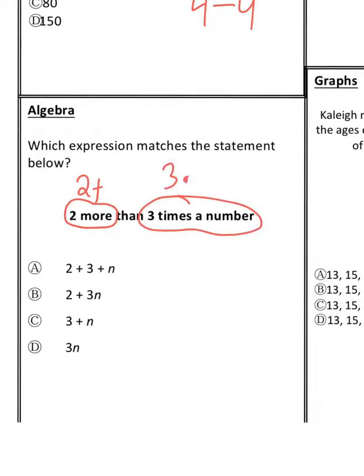Now, we don't know what the number is, so we use a variable. I'll use n. So if we put those together, you would have to have b, because this is the 2 more, then 3 times a number. Okay? So basically, you're just translating that sentence into numbers and symbols. If you had it, give yourself a C. If you didn't, make sure you fix it.